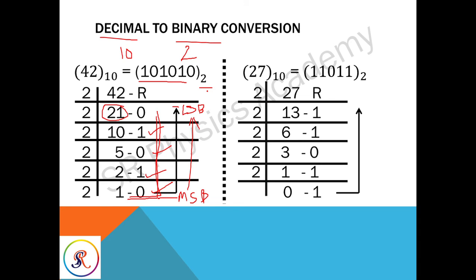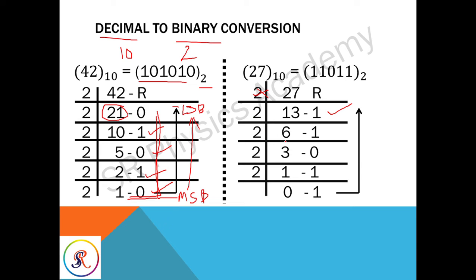Let's take one more example, 27. Same procedure, 27 divided by 2. How many times will it go? 13 2s are 26, the remainder is 1.